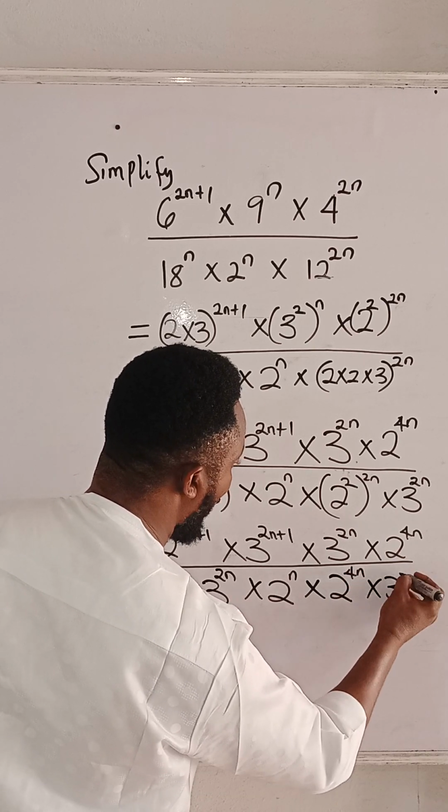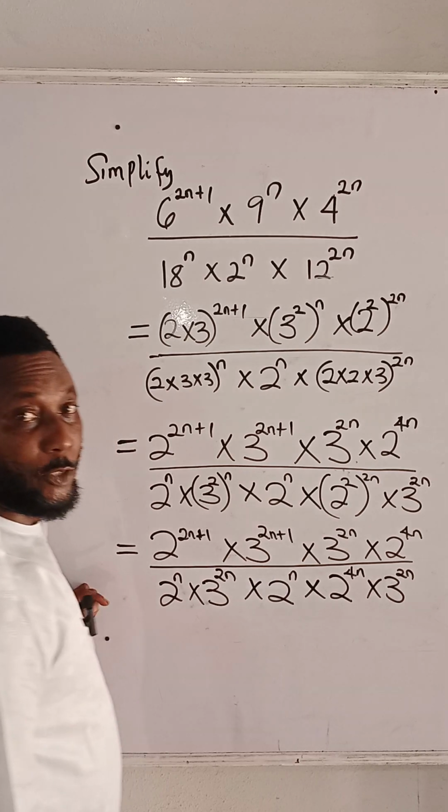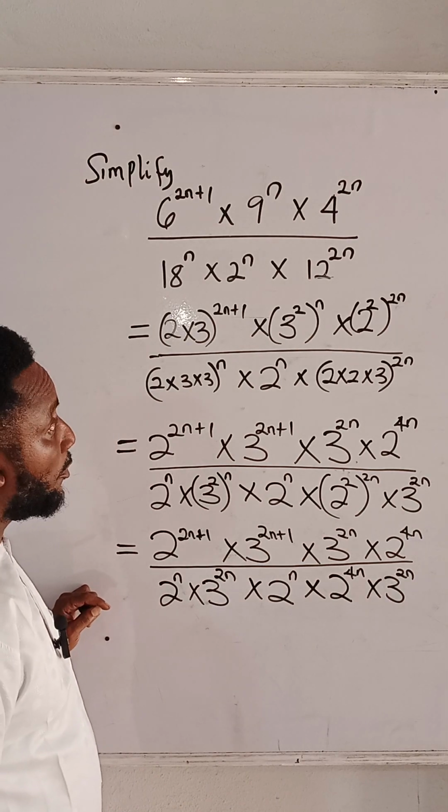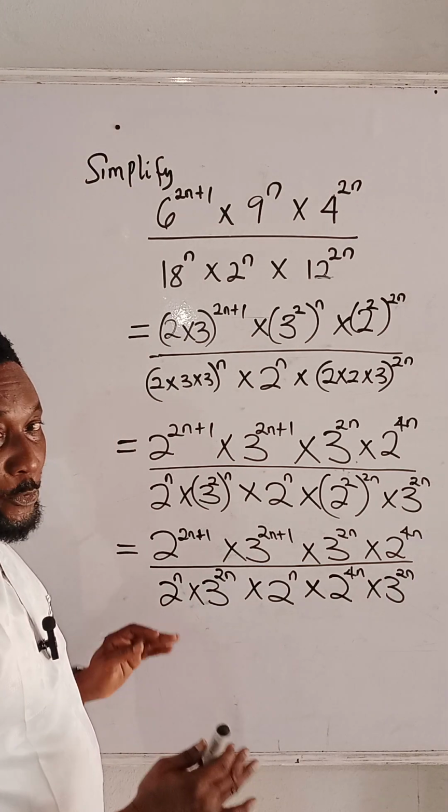Here we have 3 to the power of 2n. If this were to be a theory question, you should have garnered up to 2 marks.